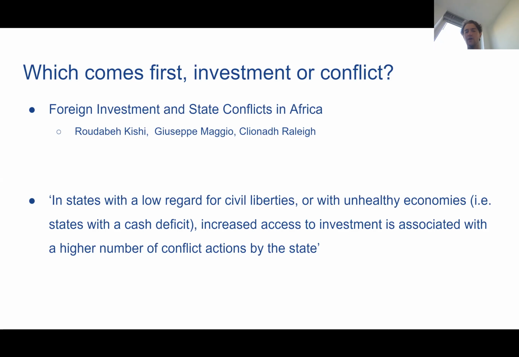So this is just one way, and this is something I think we should think about in the discussion, in how foreign investment can actually lead to an increase in conflict, as opposed to just Mayer's argument of conflict creating the conditions for investment. So this is something to think about in the discussion questions.